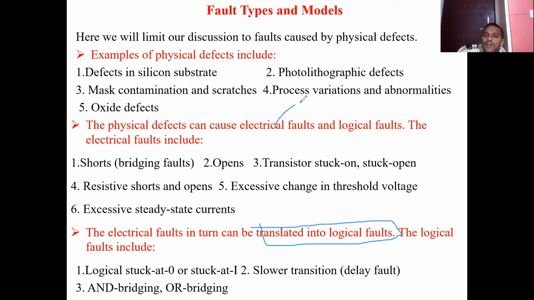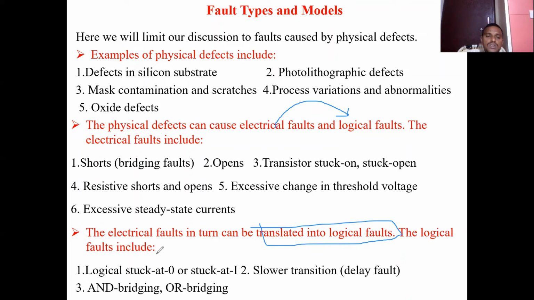Those electrical faults are translated into logical faults. I will consider one example to explain how. So the electrical faults in turn can be translated into logical faults.